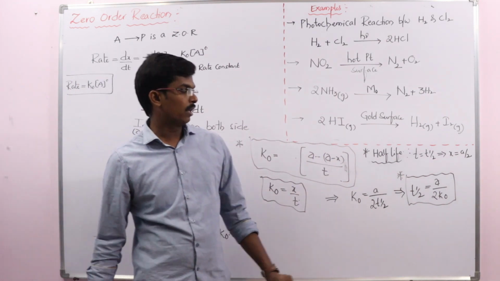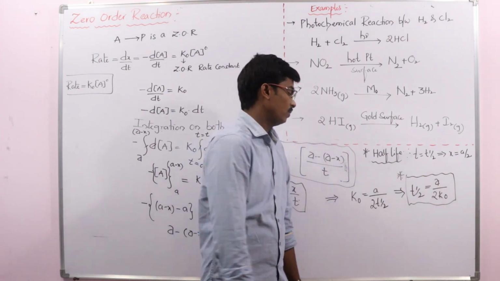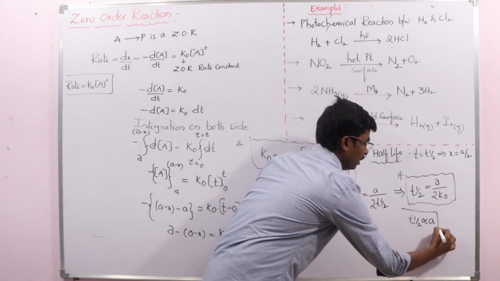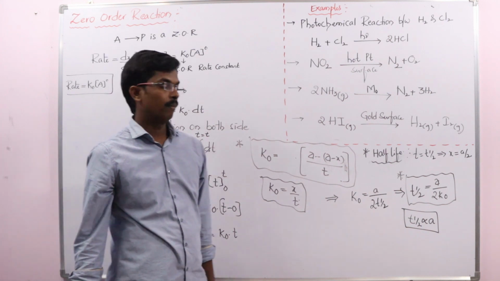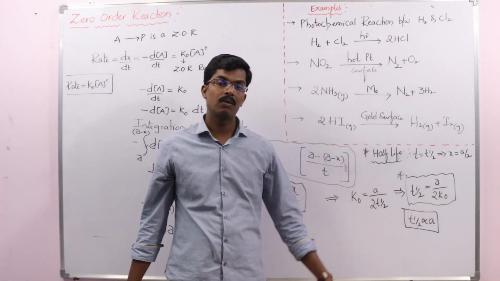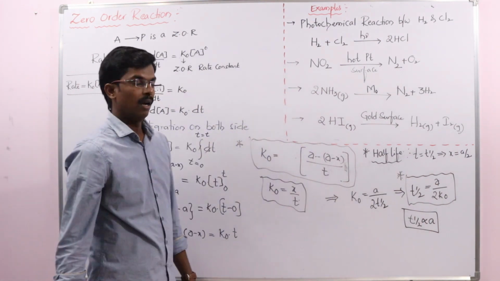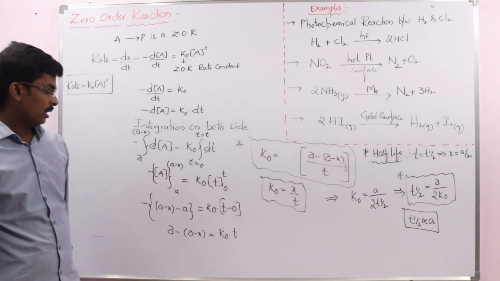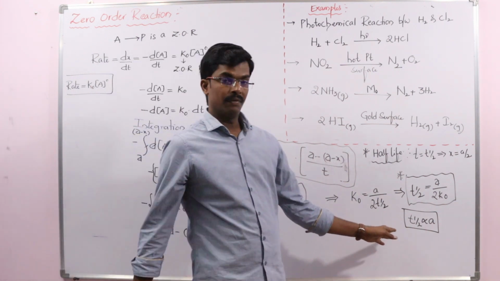Here you should note the relation between the half-life and the initial concentration: t half is directly proportional to A. That means if the initial concentration increases, t half also increases, and if the initial concentration decreases, t half also decreases. This is the derivation of the integral form of the zero order reaction and half-life.